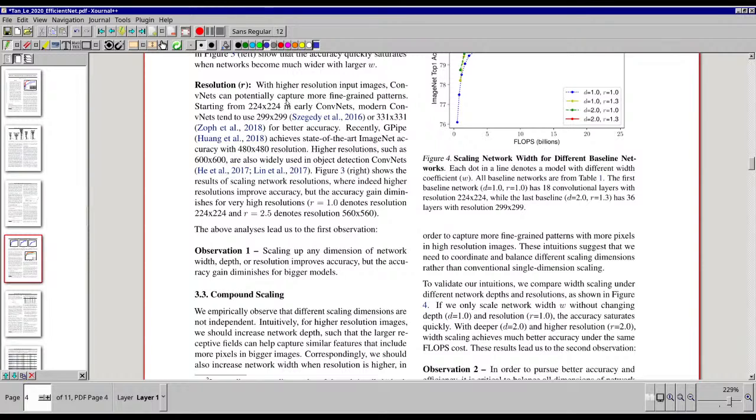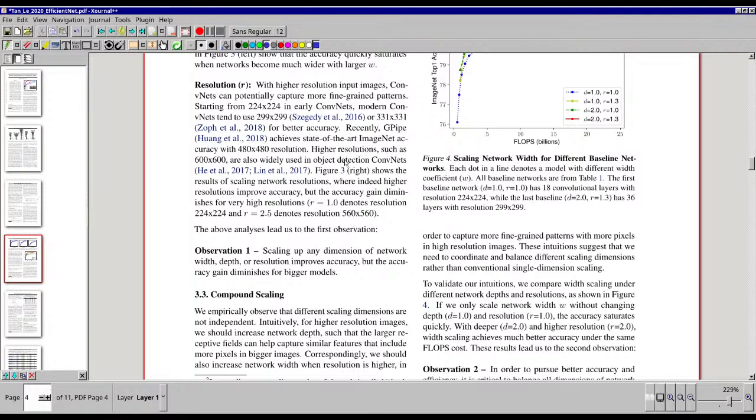Resolution. With high resolution input images, ConvNets can potentially capture more fine-grained patterns. Starting from 224 by 224 in early ConvNets, modern ConvNets tend to use 299 by 299 for better accuracy. Recent GPipe achieves state-of-the-art ImageNet accuracy with 480 by 480 resolution.